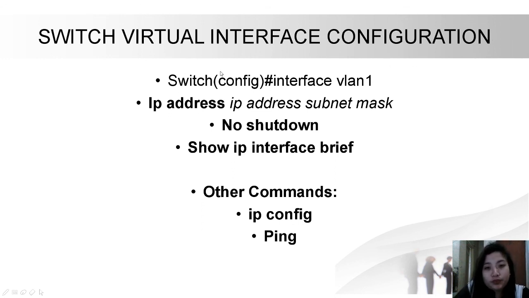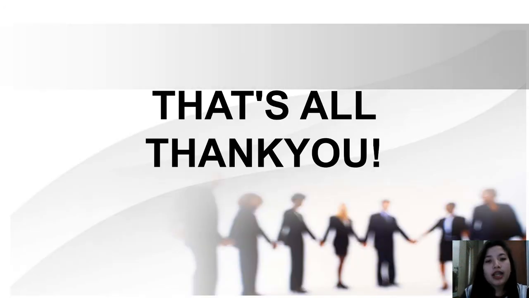The command is, from global configuration mode, interface VLAN 1, then ip address, then the IP address and subnet mask, no shutdown, show ip interface brief. Other commands: ipconfig, then ping.